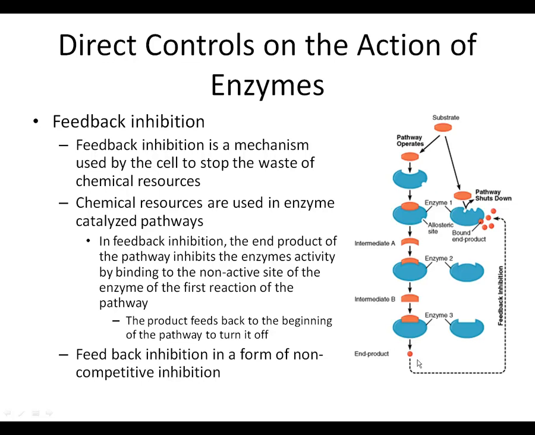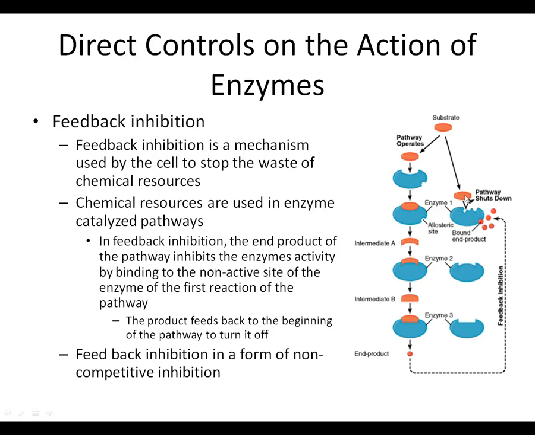Once we've accumulated enough of this end product, it's going to come back and feed onto the allosteric or the regulatory site of the original enzyme of the pathway, the first enzyme of the pathway. When that binds to that regulatory site, it causes the change in the shape of the active site.